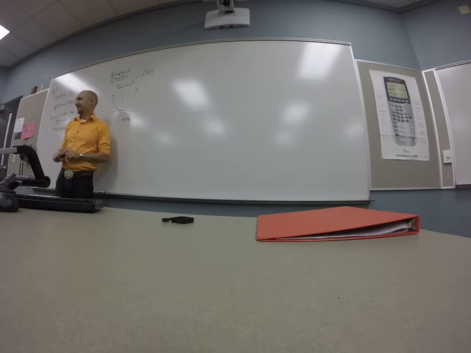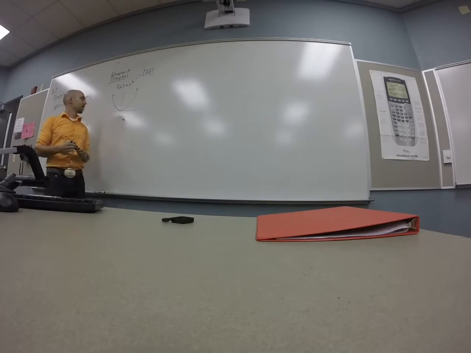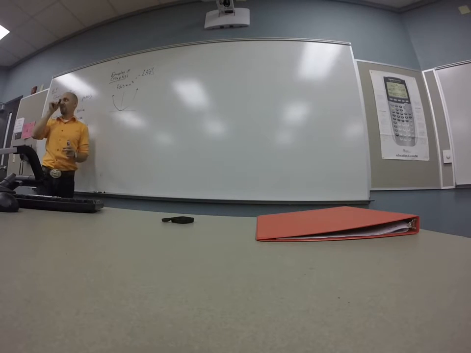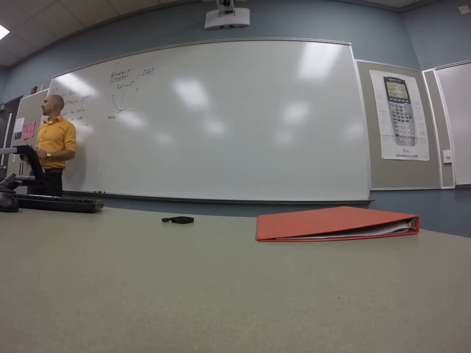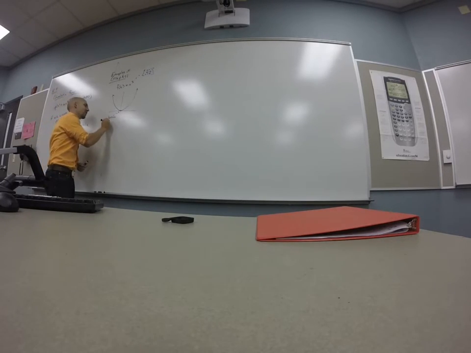Because why? What do I know about the vertex if it points up? Okay, first, where's the vertex on this one? Yeah, I said the origin, it's this point here. That's the vertex. And because it points up, this is a, you guys don't know this word yet, minimum.